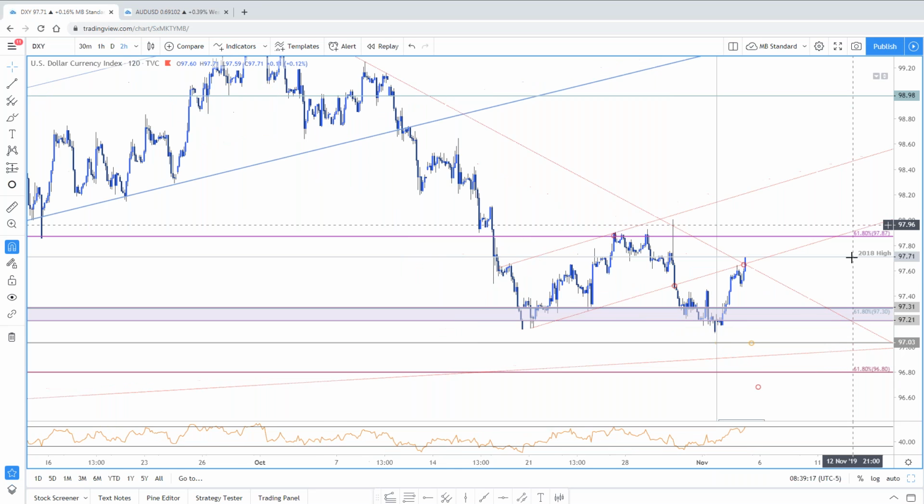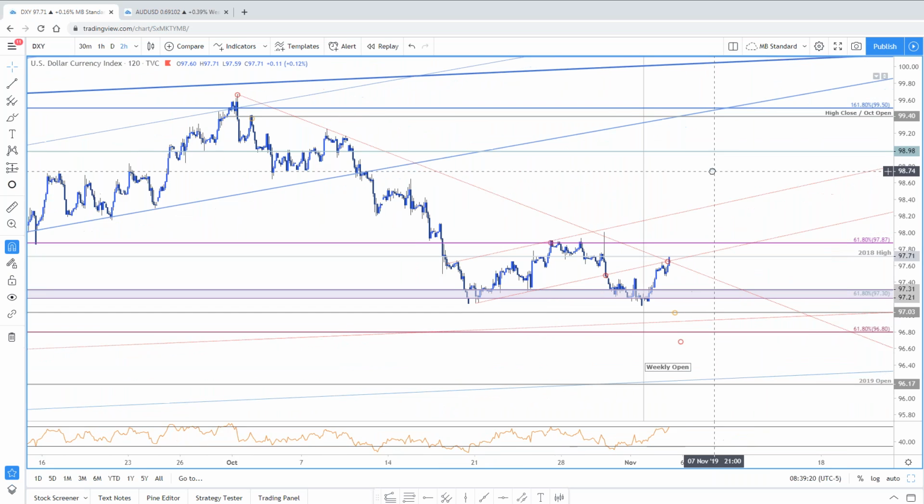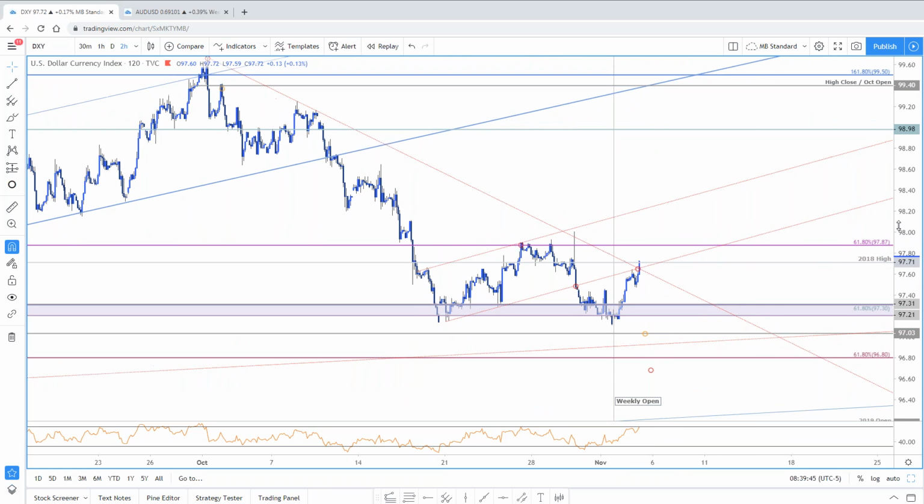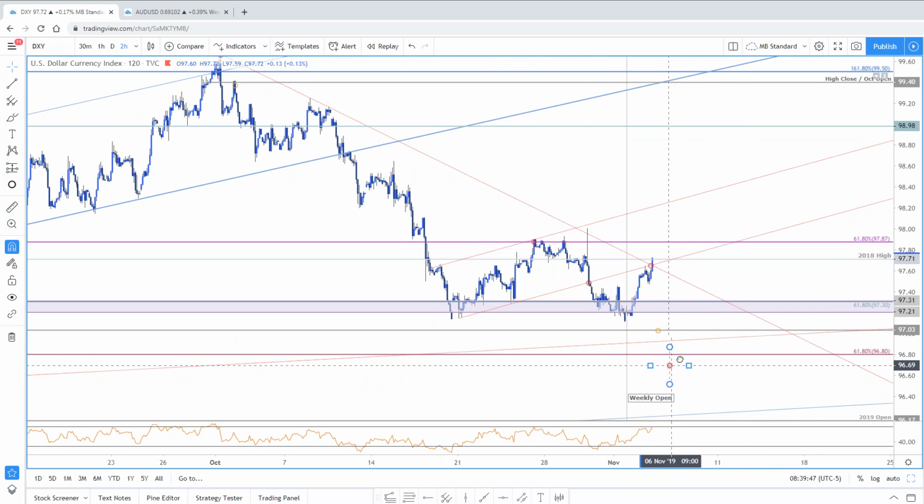We are also challenging the October trendline resistance: 1 touch, 2 touch, 3 touch confirms, 4 touch. As I said yesterday, we were looking for the rebound. Here's the recovery, 97.71, 97.87. These are levels to watch. If we clear this on a daily close basis, we'd have to allow for a bigger recovery in the dollar before resumption of the downtrend.